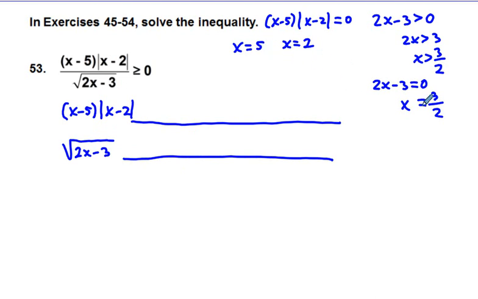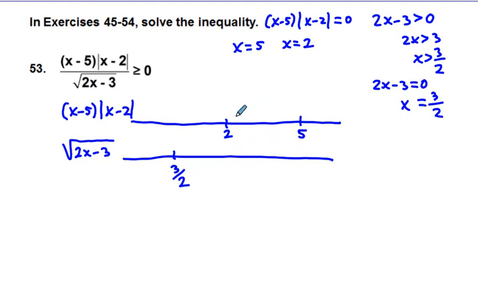Based on the denominator we have 3 over 2, so I'm going to put 3 over 2 right here, and then for the numerator we have x equals 2 and x equals 5.